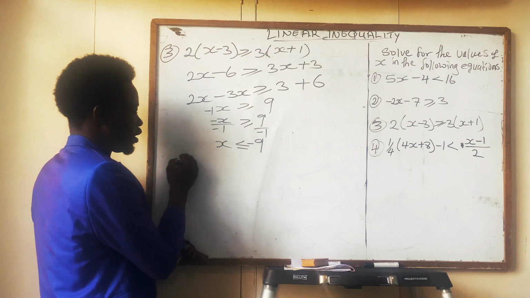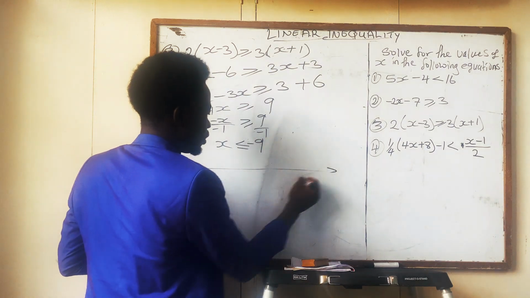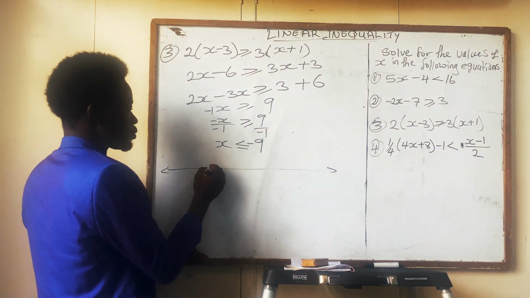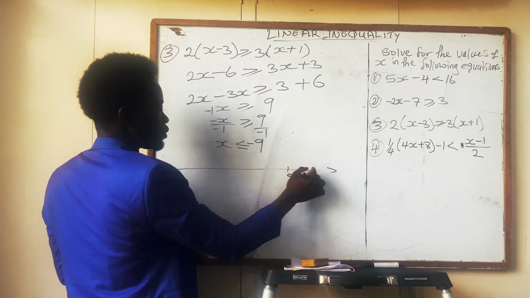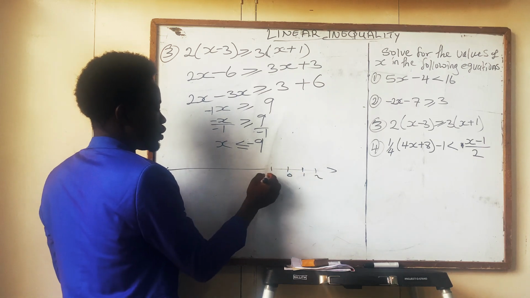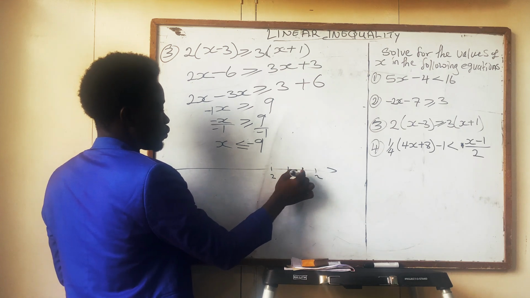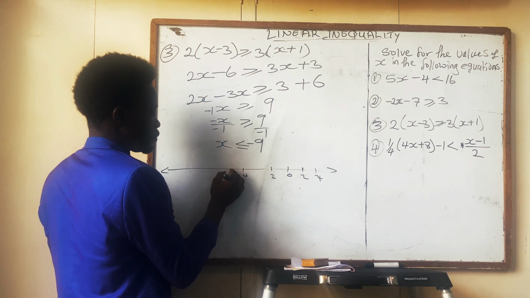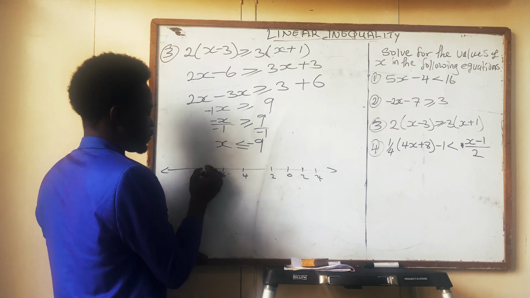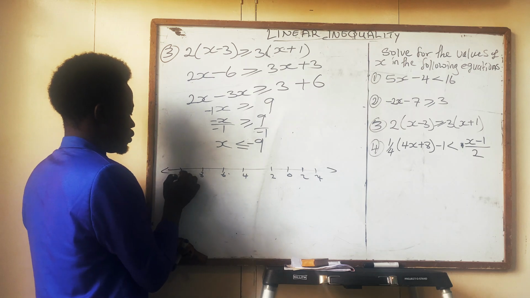And again, you can illustrate that on the number line. So you have 0, 1, 2, yeah, let me use 2, 4, 6, 8, 10.